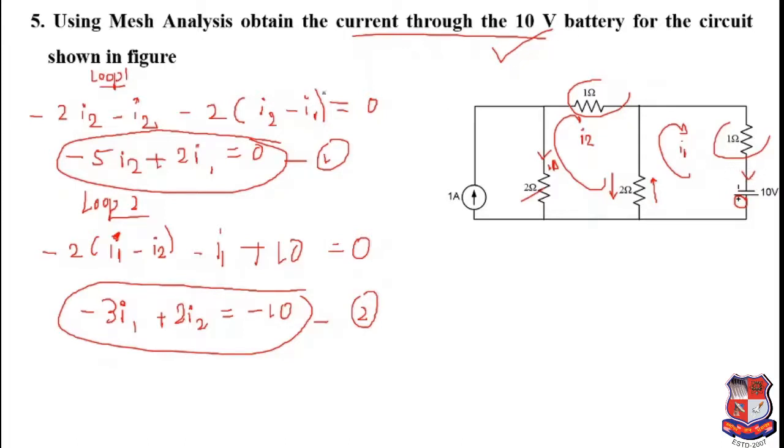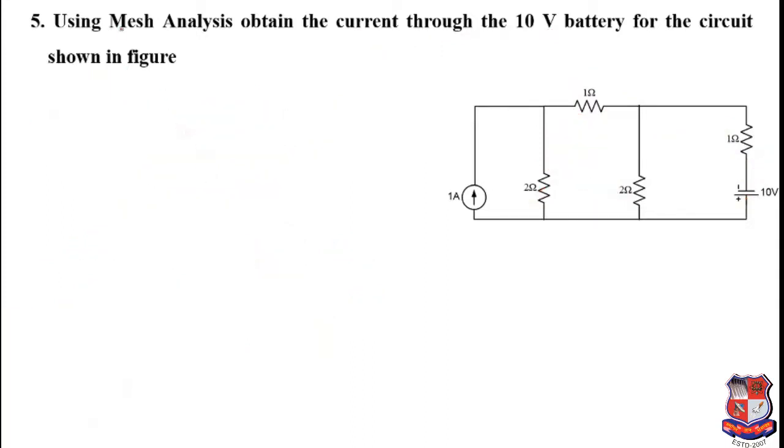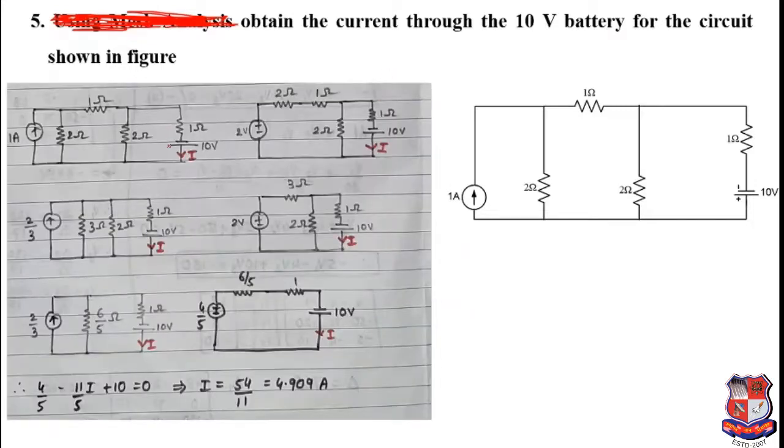Now suppose this same circuit, if it was told to obtain only the current, if I remove this much portion, and you just need to find the current through this 10 volt battery, what is the easiest way? The easiest method I have shown here: source transformation, as I have mentioned.